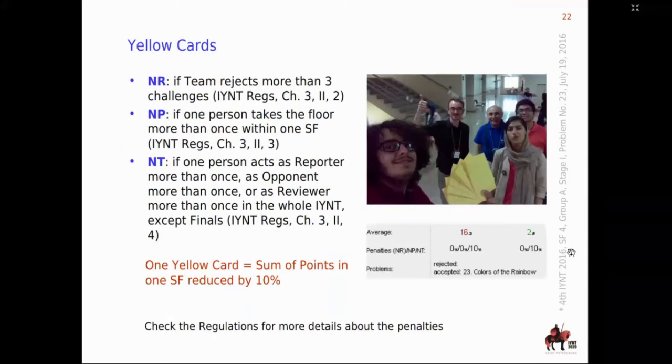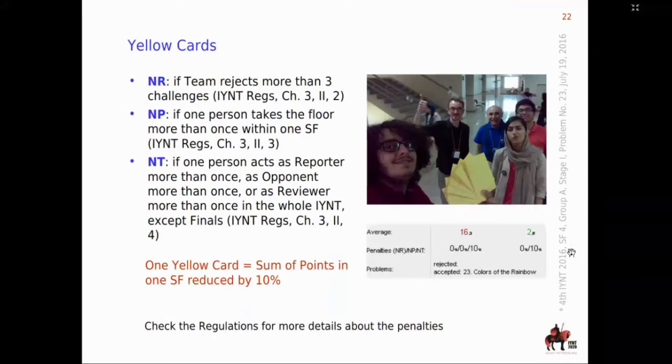NR is the yellow card that your team would receive if you reject more than 3 challenges in the whole IYNT. So irrespectively of the fight in which these challenges are made, fight 1, 2, 3 or 4, if the total number of rejections is more than 3, you will get a yellow card.